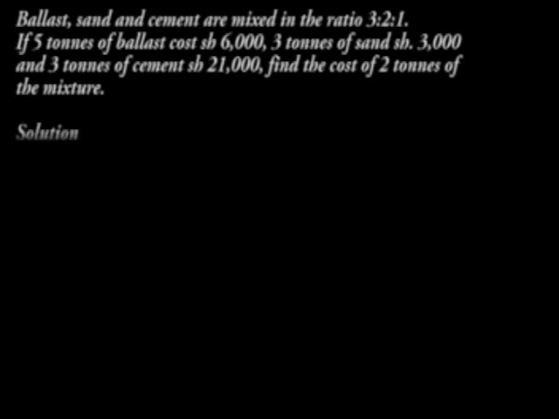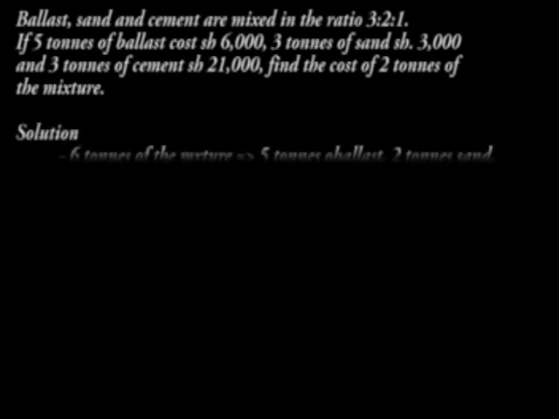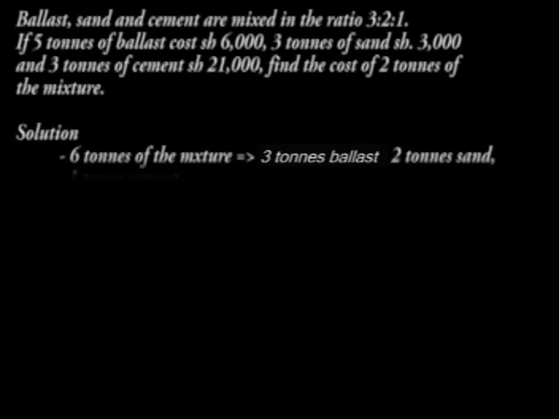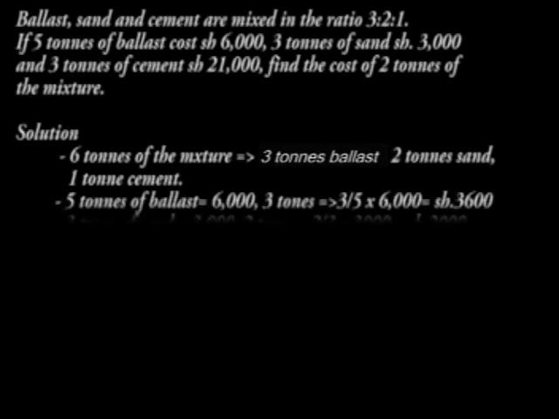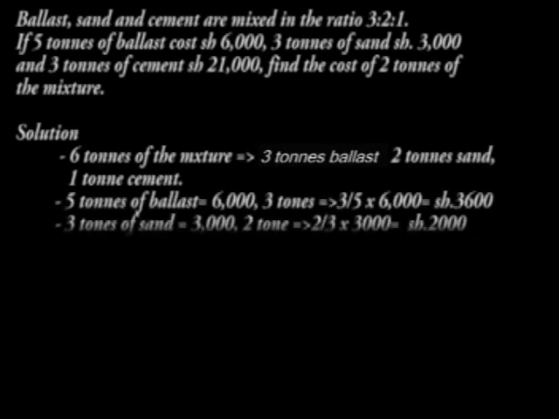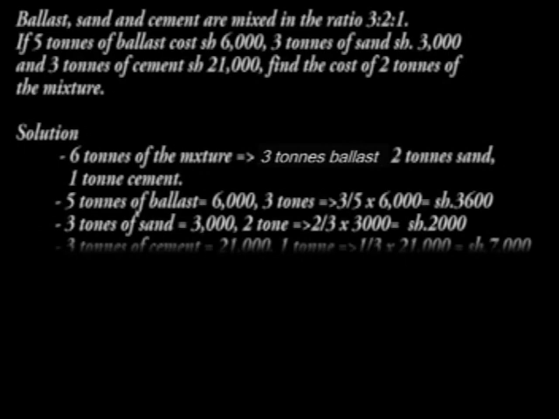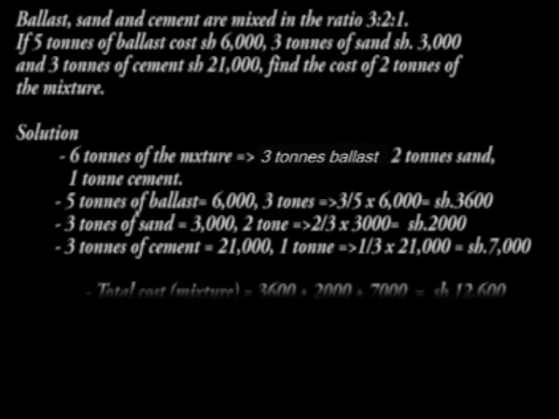In the solution, 6 tons of the mixture has 3 tons of ballast, 2 tons of sand and 1 ton of cement. If 5 tons of ballast is equal to 6,000, 3 tons will be 3/5 times 6,000, which is 3,600. If 3 tons of sand cost 3,000, 2 tons will be 2,000.